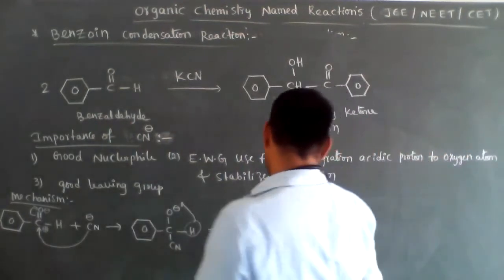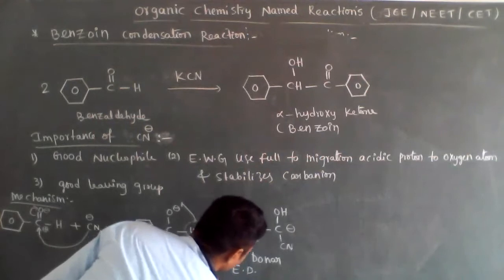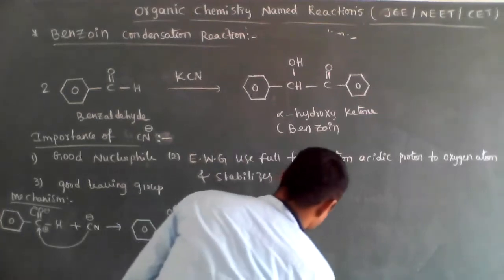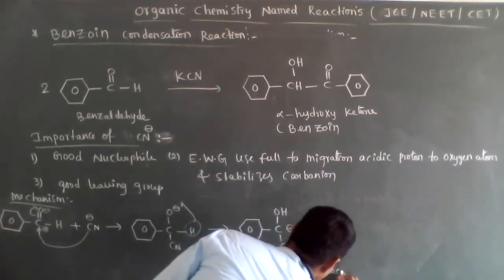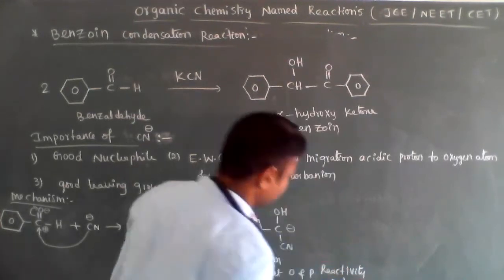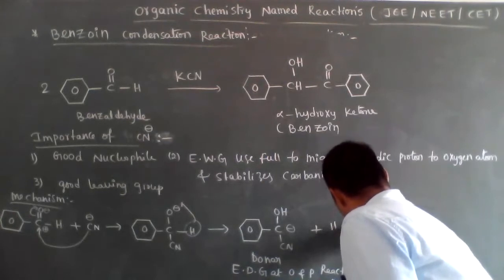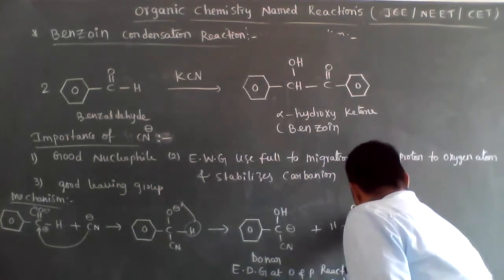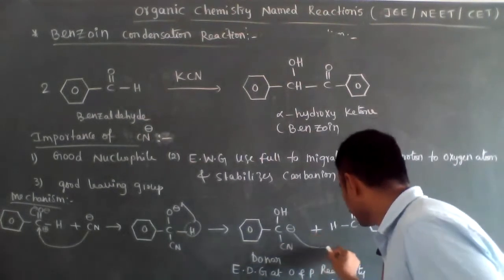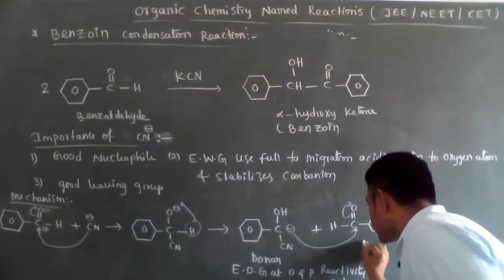Okay. Now, if electron donating groups are present at ortho and para positions, its reactivity is more. Then this negative ion undergoes nucleophilic addition, attacking another mole of benzaldehyde, which acts as an acceptor.